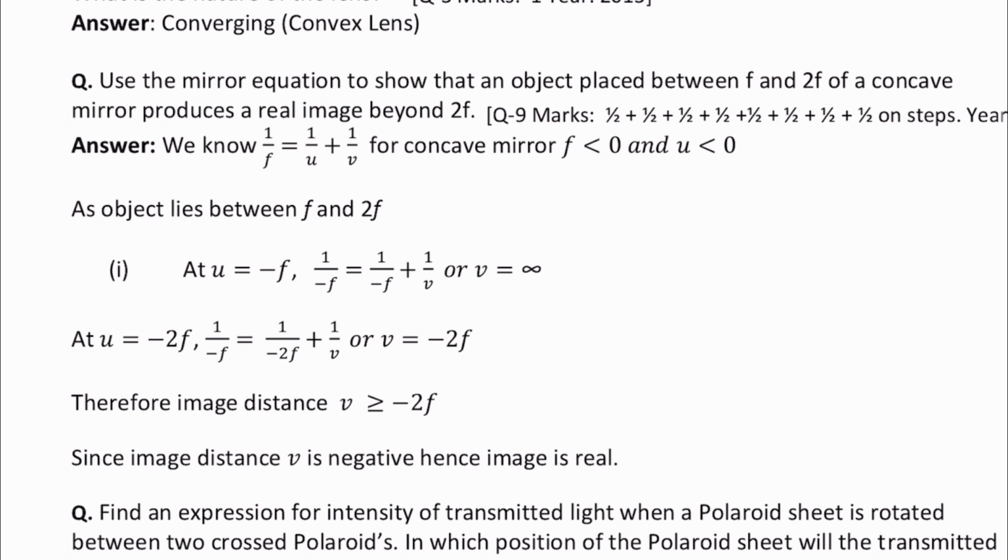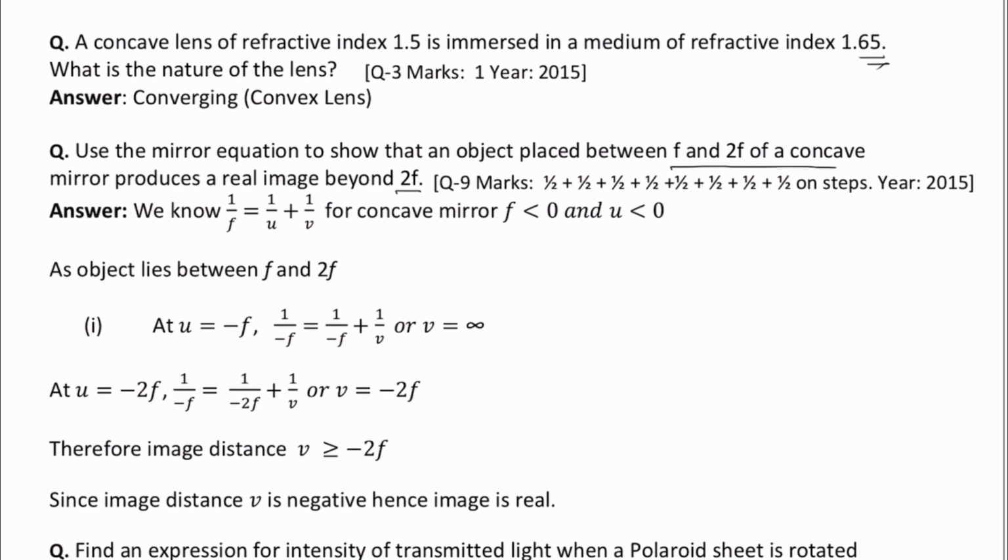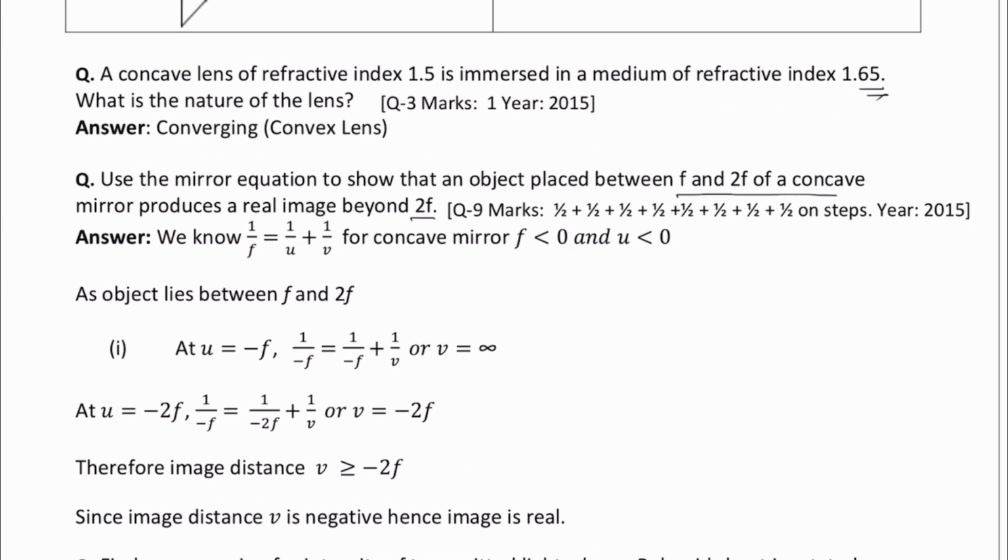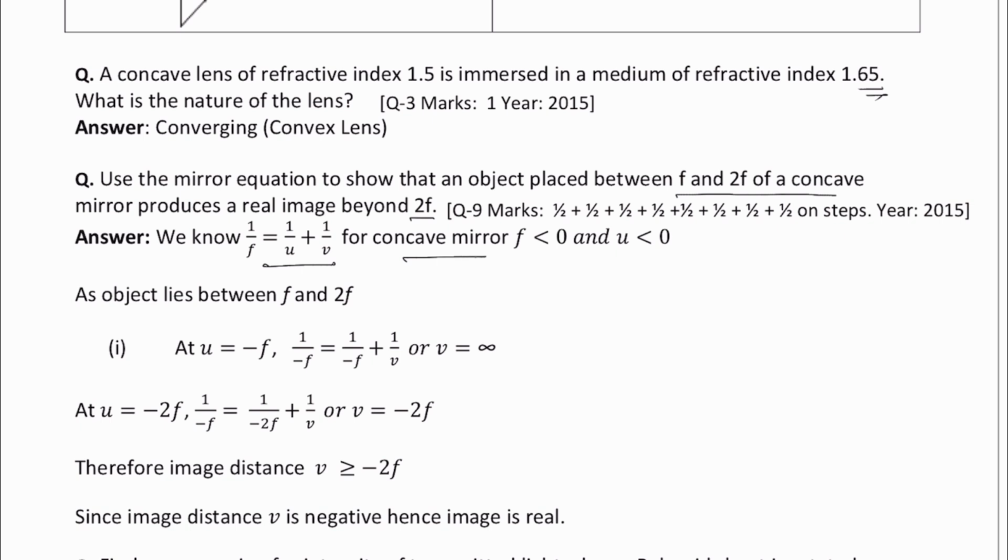Use the mirror equation to show that an object placed between f and 2f of a concave mirror produces a real image beyond 2f. So we know that 1 by f is equal to 1 by v plus 1 by u, this is the concave mirror formula.